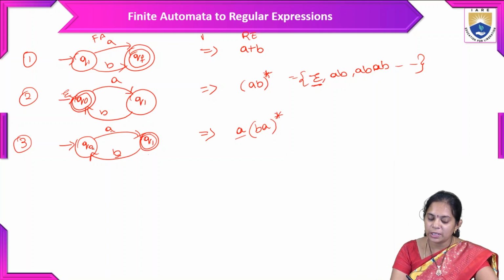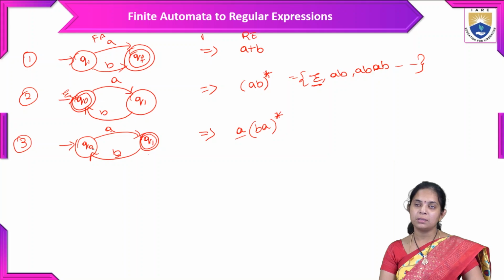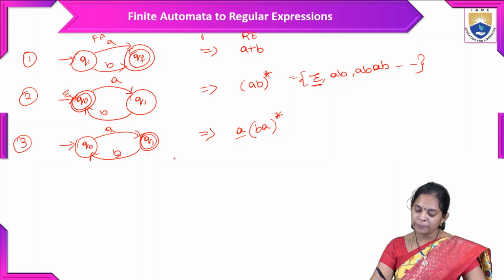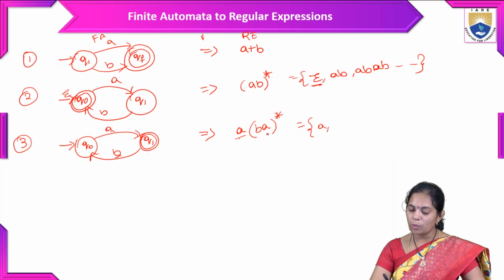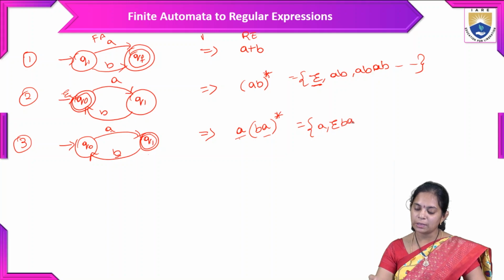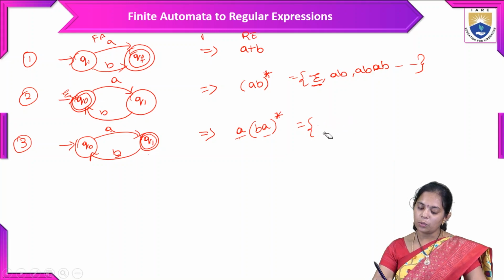A is reaching the final state. So let me write this language. Initially A is there, and epsilon is also an input symbol. Epsilon with BA is nothing but only epsilon, so we only have the A symbol.